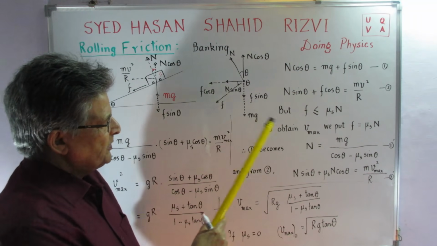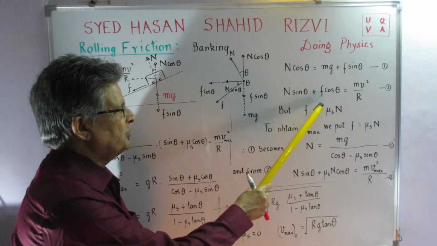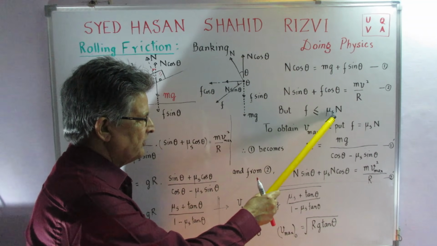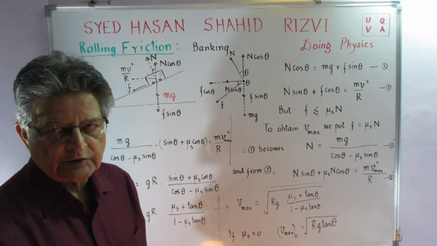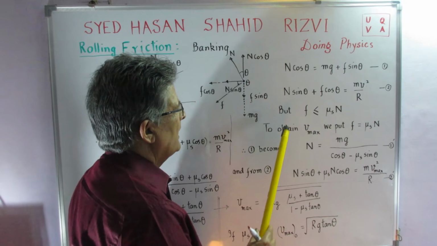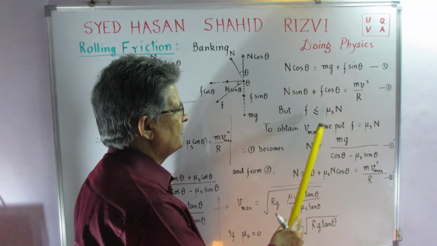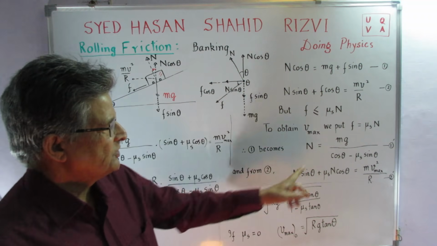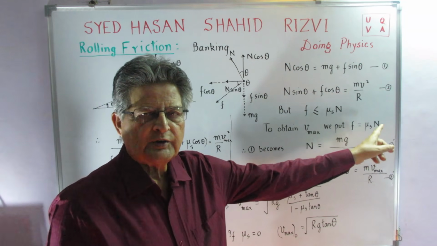But because we have been taking static friction, the limiting friction, the friction should be smaller than or equal to mu s, the coefficient of limiting friction, multiplied by N, the normal force that exists there. So to obtain the maximum velocity that we need to calculate, we remove this inequality sign and simply put that my force of friction is equal to mu s into N.